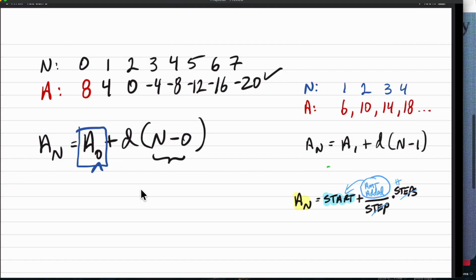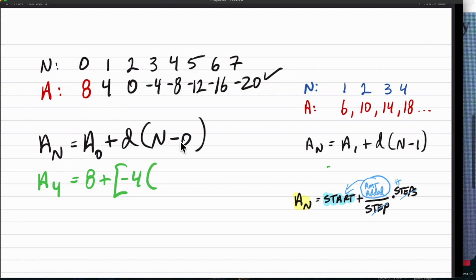Okay, let's test this out because we have the answers. Let's see if this formula is correct. Let's pick a random a sub n, so let's say a sub 4. We're going to take our a sub 0, the amount at position 0, which is 8. Then we're going to add the common difference, which is negative 4 times n minus 0, which is just n.